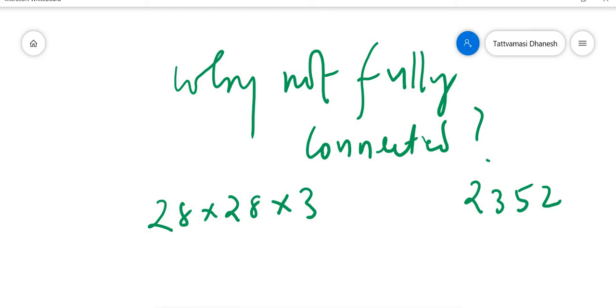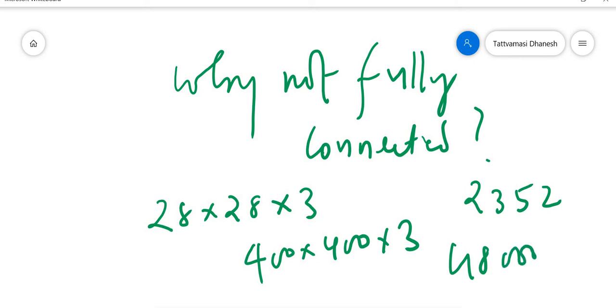But in the normal case, the size of an image would start from around 400 into 400 into 3. This will be a huge number. 400 into 400 into 3 is 4,80,000.